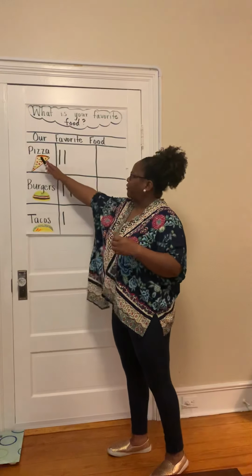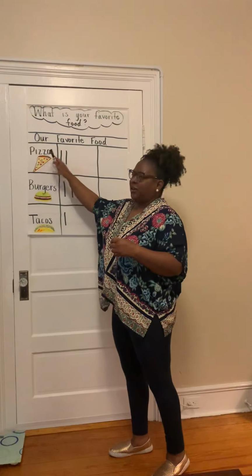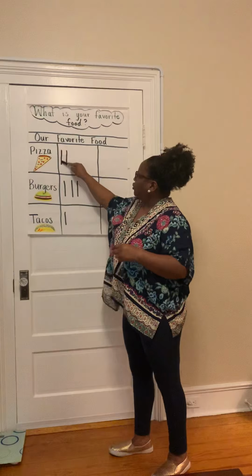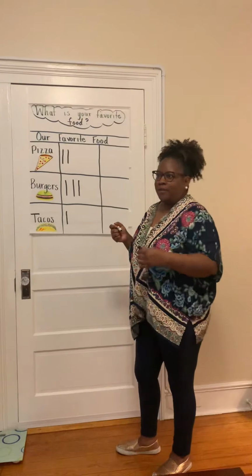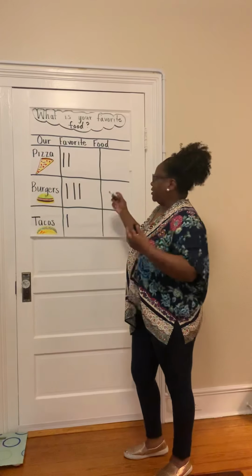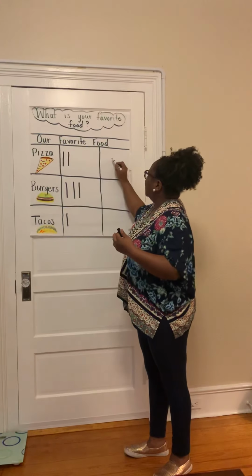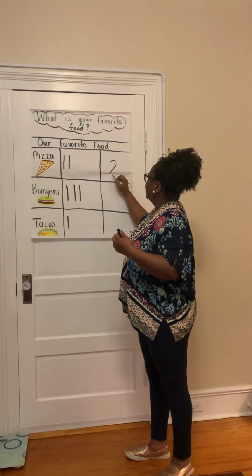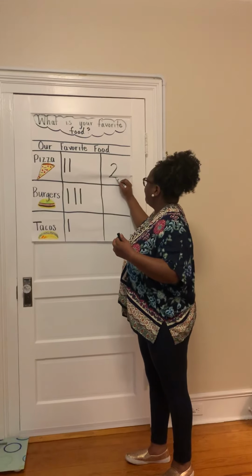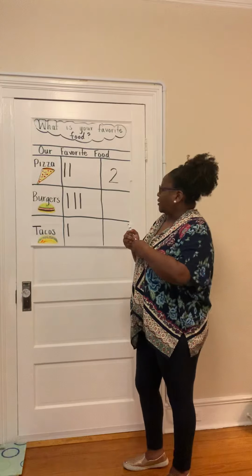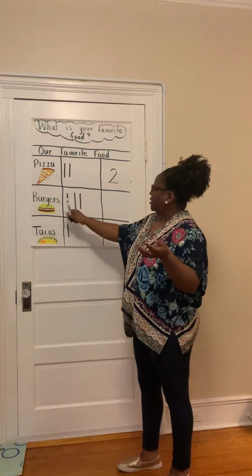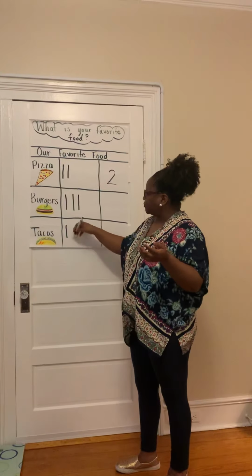So let's look at the first food, pizza. I have 2 tally marks, so that means 2 people in my family love pizza the best. So I'm gonna put the number 2 in this chart. I asked some more family members, and they said burgers.